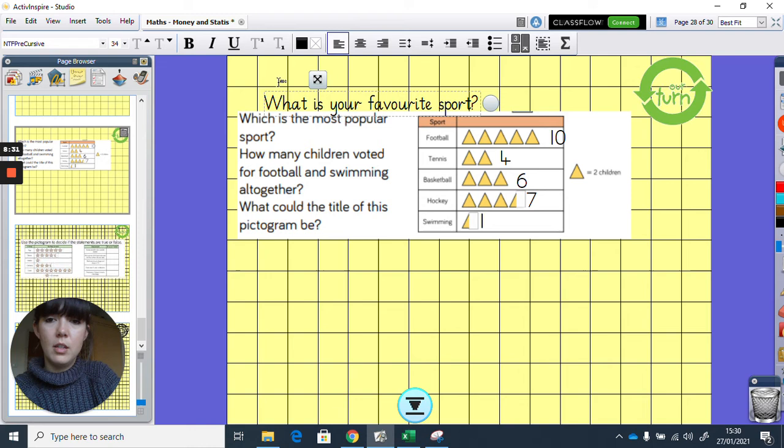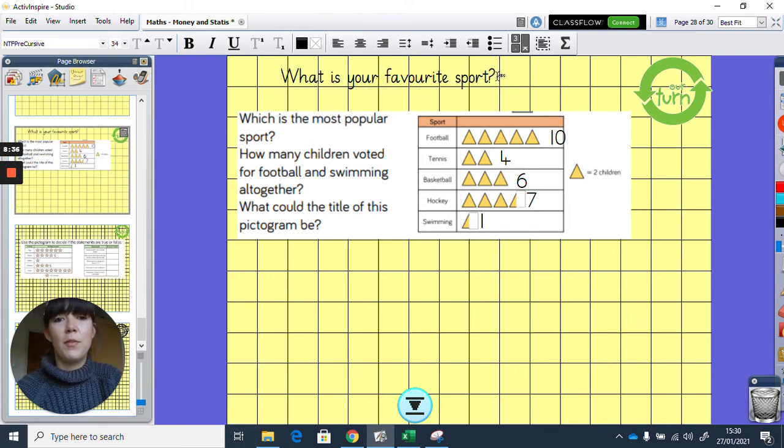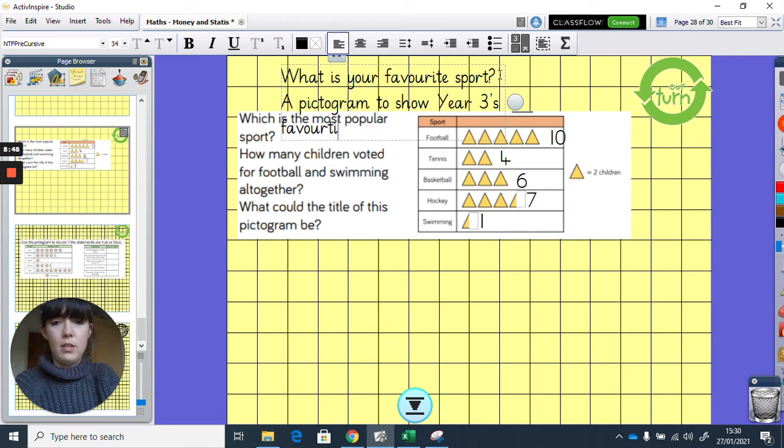I remember that's a question, so you need a question mark. And you could even put, if you want to be really clever, a pictogram to show, say it was year 3's favourite sports. Well done.